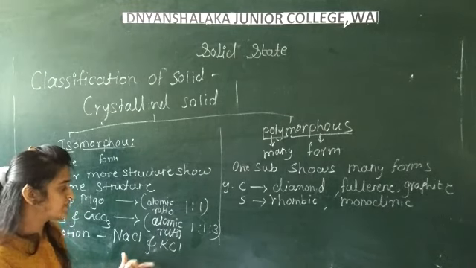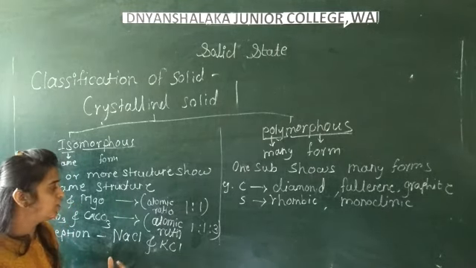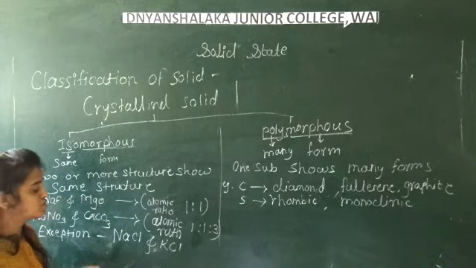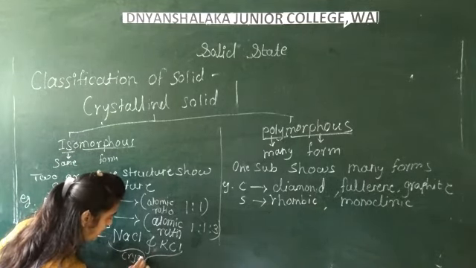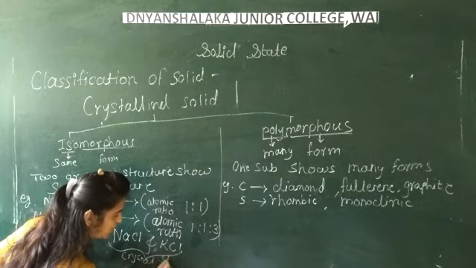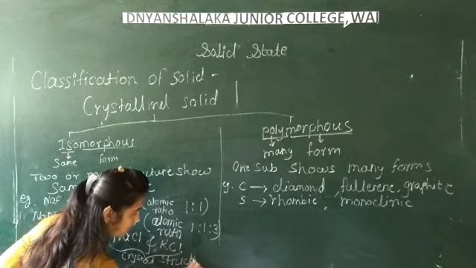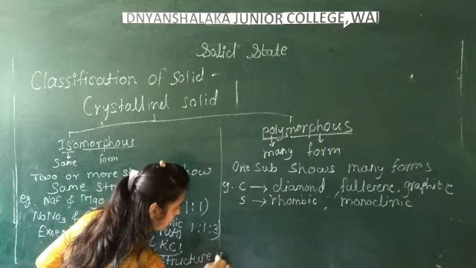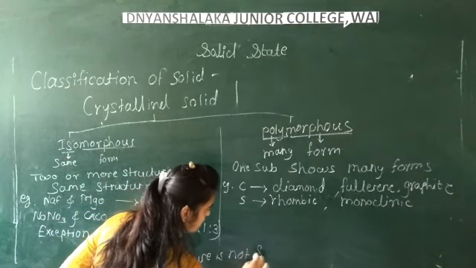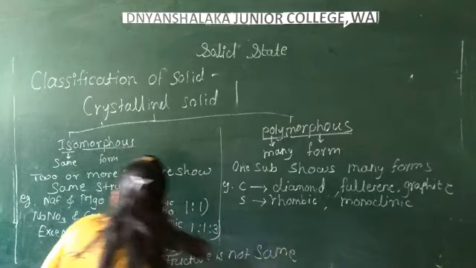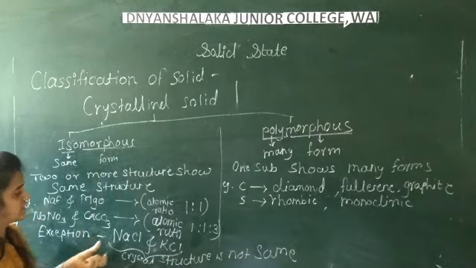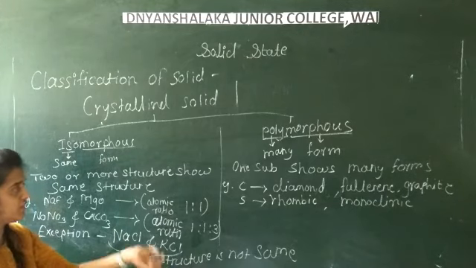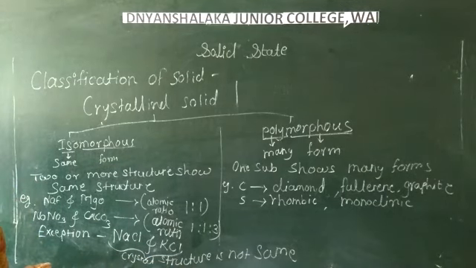Physical properties are the same, atomic ratio is the same, but the crystal structure is not the same. So NaCl and KCl are not isomorphous compounds.